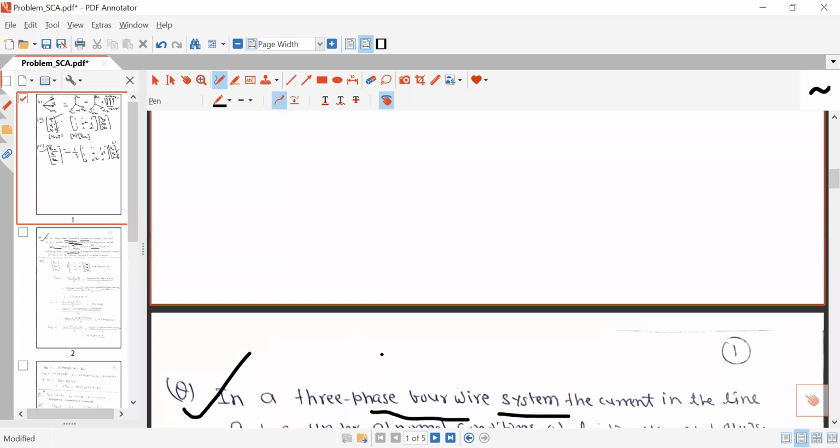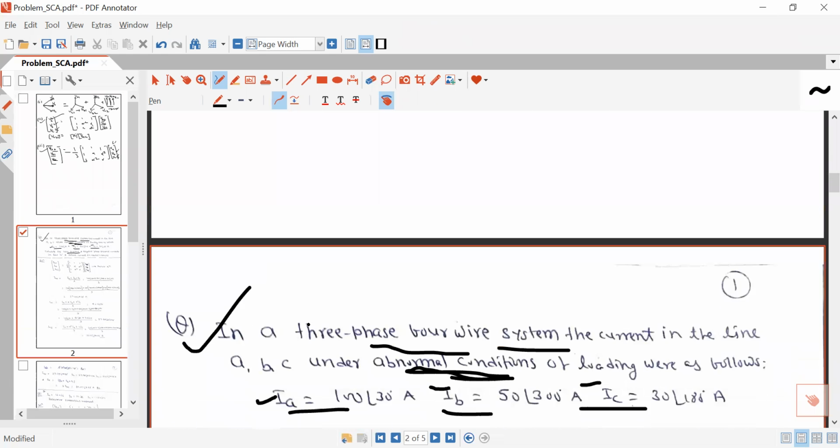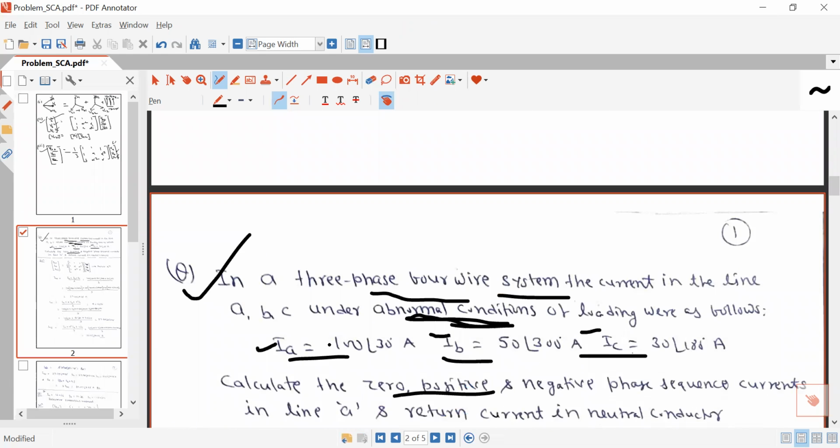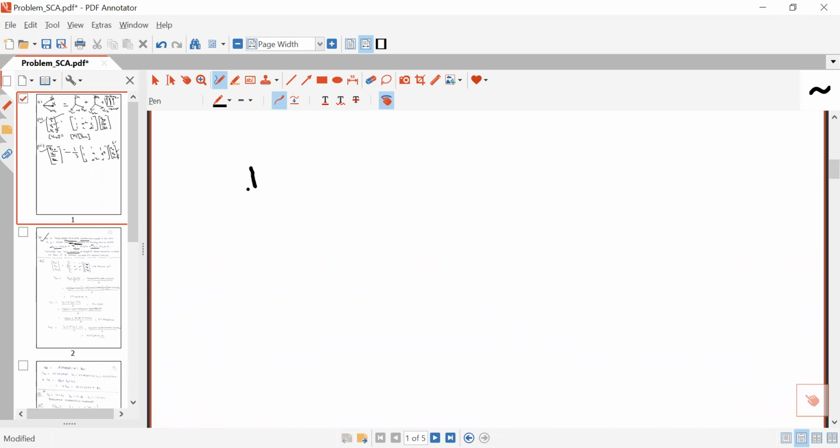So which matrix will you have to use? IA, IB and IC are given, and you have to determine the sequence components, meaning IA0, IA1 and IA2. So you will have to use the analysis equation. You will have to remember this matrix.